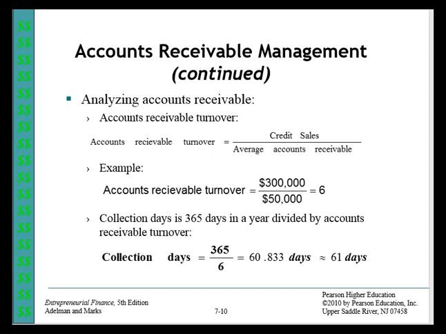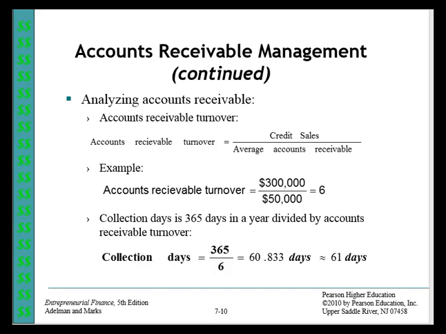So if you want to analyze accounts receivable, there are 2 things that we've talked about in a previous video. Something called accounts receivable turnover, which is just the credit sales divided by the average accounts receivable. So in this case, 6 times per year they turn over their receivables.